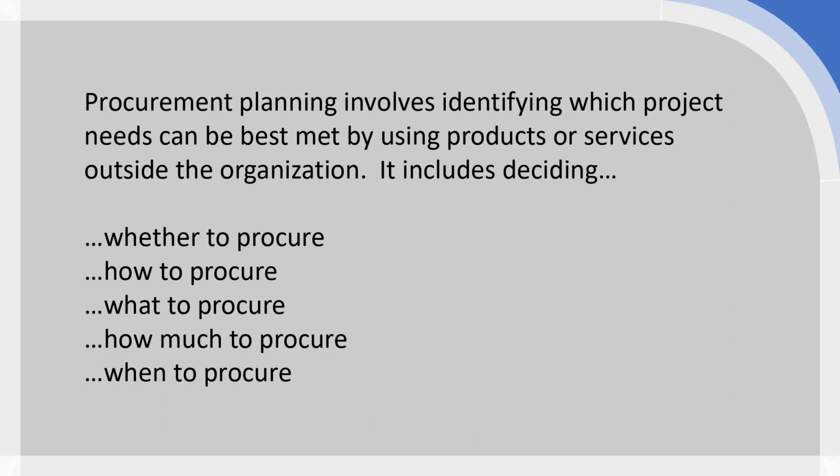Now, the exact nature of the documentation will differ from organization to organization. Remember that we spoke about procurement being one of these functions within an organization that is usually quite strongly centralized, which is regulated, has lots of processes and procedures to determine how procurement activities are carried out.